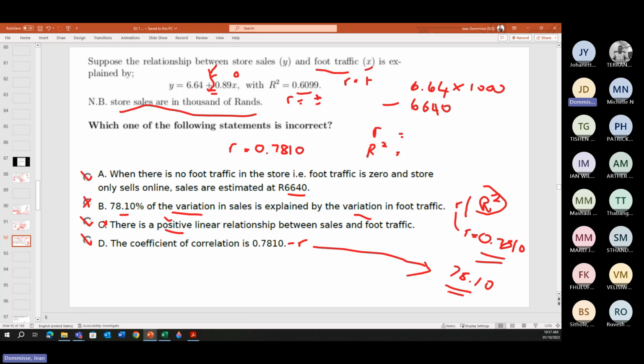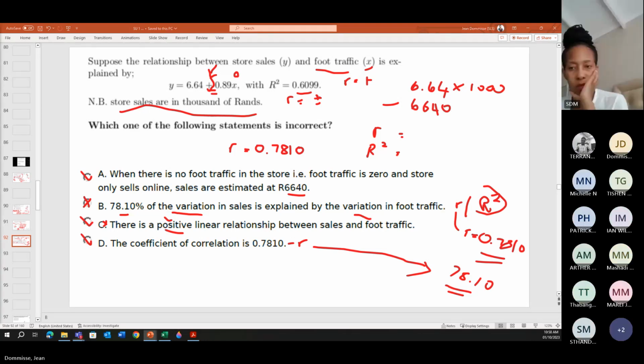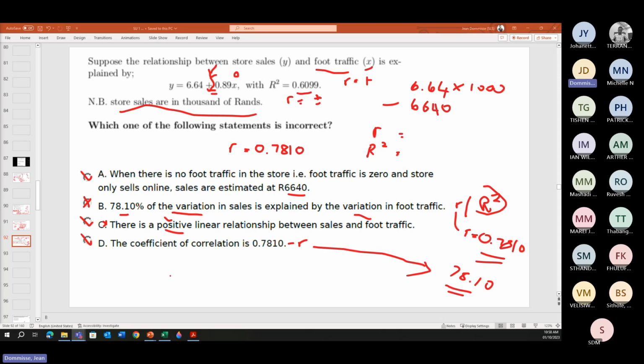Again, it is in the slides as well, just look out for things that they might include. They might say there's a strong positive linear relationship, a weak positive linear, or a strong negative.